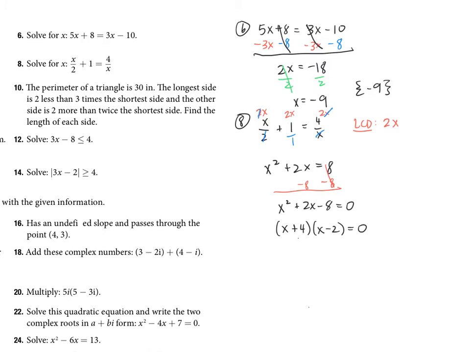So that will work. Now set each factor equal to 0 and solve. So x is negative 4, or x is 2. So two solutions for the quadratic: negative 4 and 2. Okay, so I'm going to erase all of this work and then we're going to do number 10.